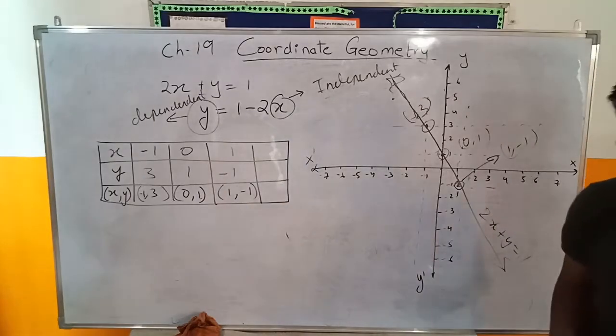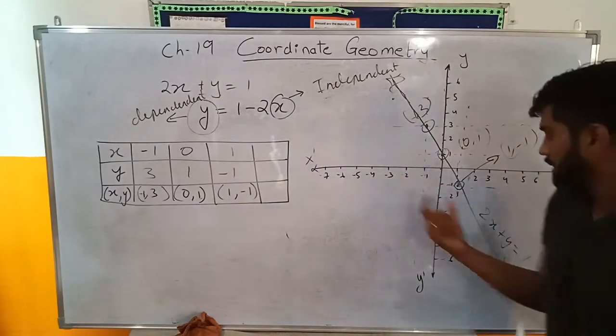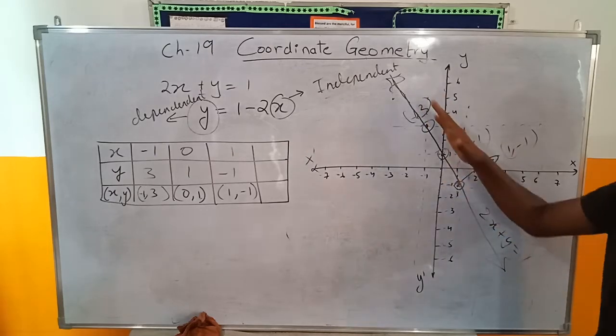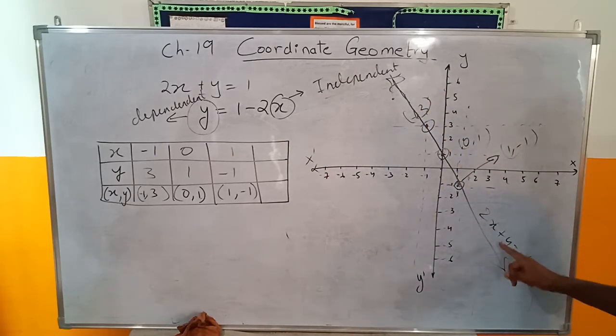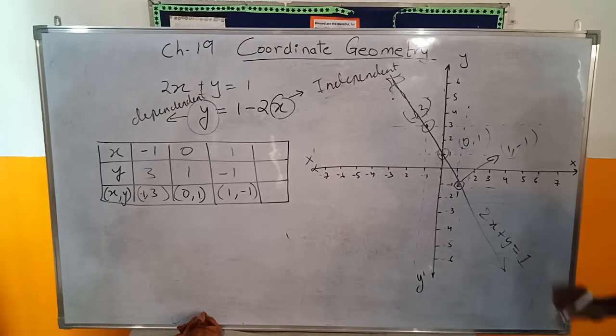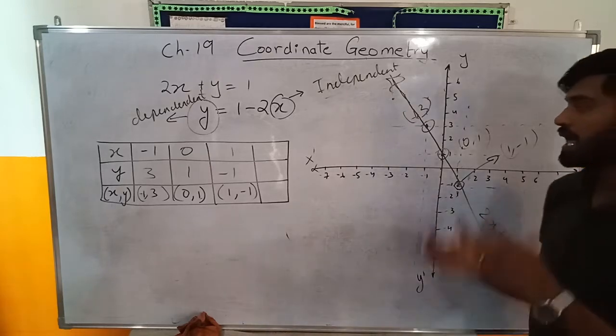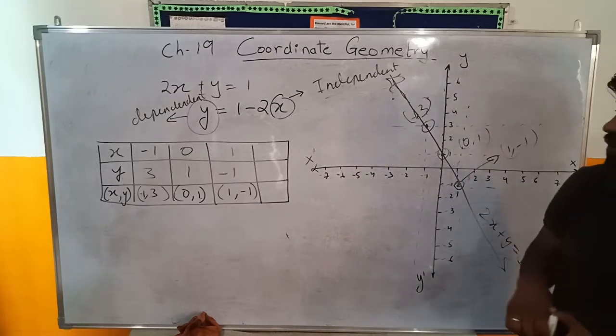I told you that coordinate geometry is a combination of algebra and geometry. So right now I have a line and the name of the line is 2x plus y equals 1. If you can see carefully, that is how we combine algebra and geometry and then we form a line.